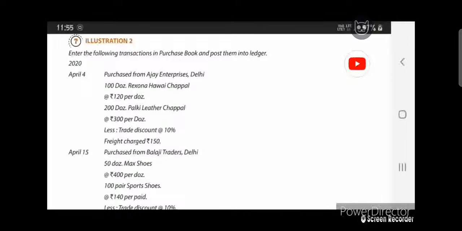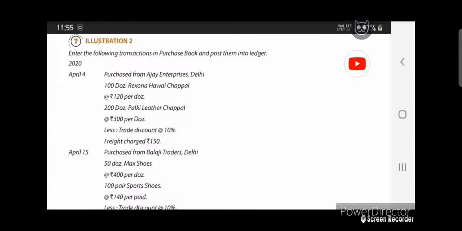On April 4th, 2020, a company has purchased from another company, Ajay Enterprise in Delhi, 100 dozen Rexona Hawaii chappal at rupees 120 per dozen, and also 200 dozen of bulky leather chappal at 300 rupees per dozen.